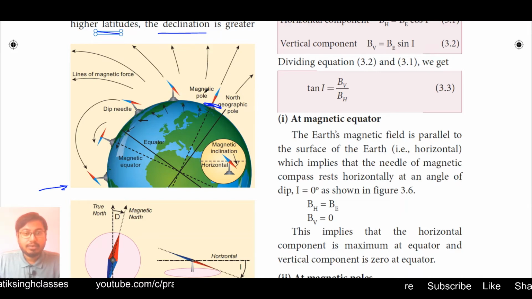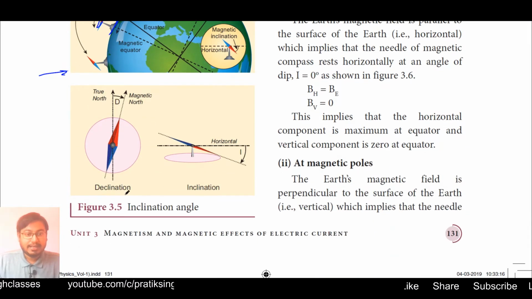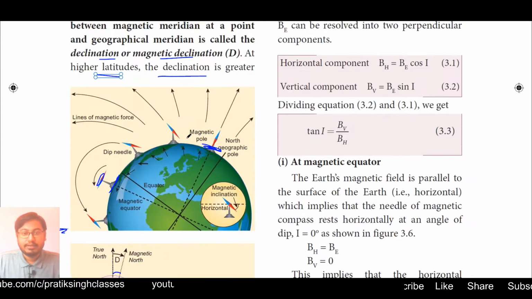As you move away from this magnetic pole, you can see in what way the bar magnet will suspend. At the magnetic equator the bar magnet will lie perfectly horizontal to the surface, not at the geographical equator. And here, this angle is the angle of declination or magnetic declination.